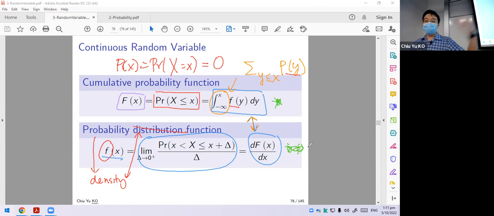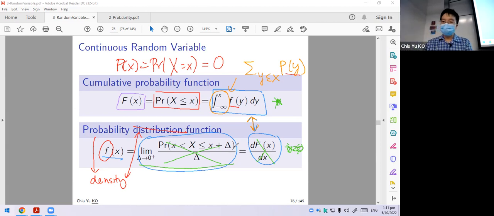Integration and differentiation are opposite things. But since this is not a math class, you can safely forget about this. That's the definition of differentiation, basically just a slope, but I don't think we want to go further than that.